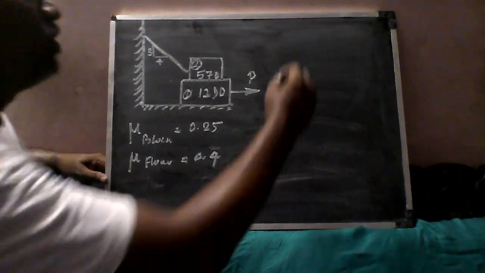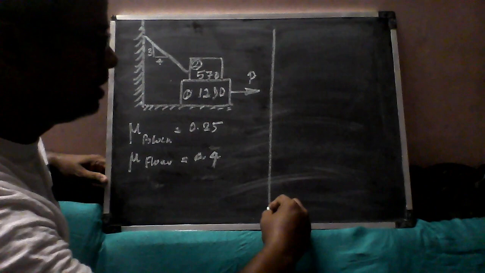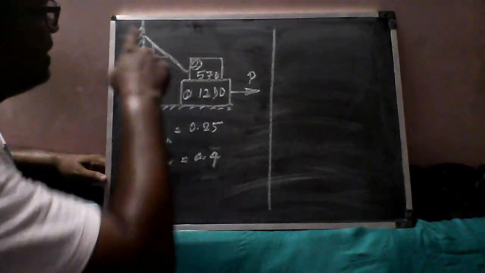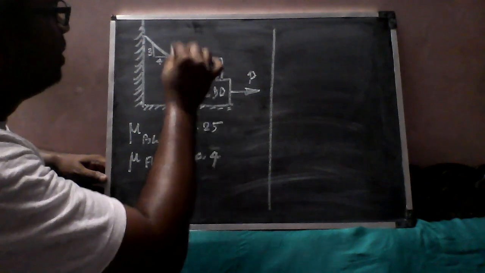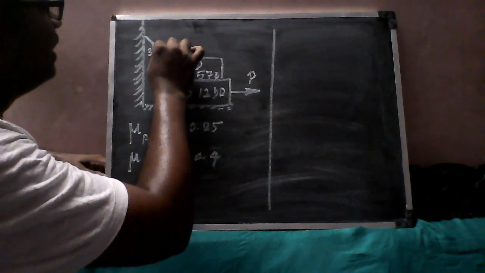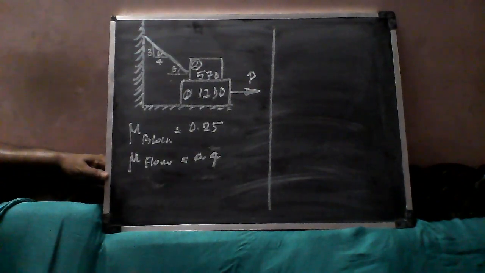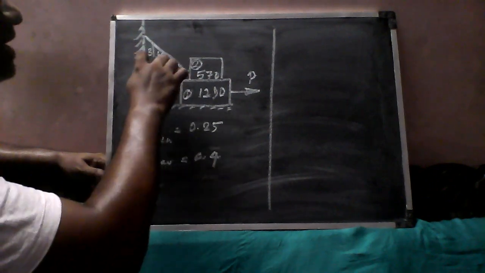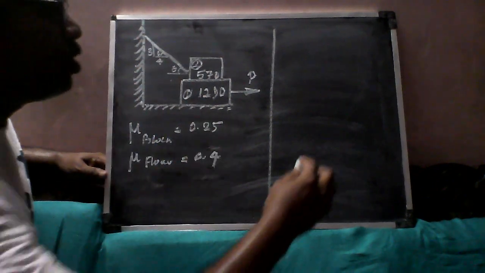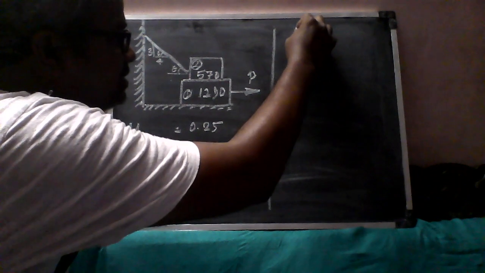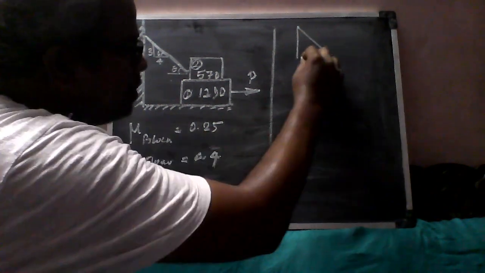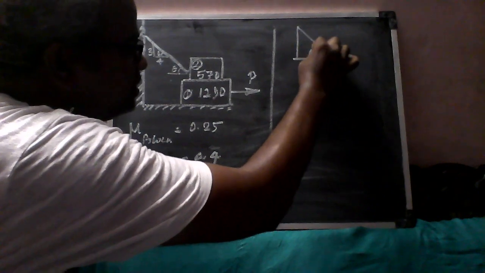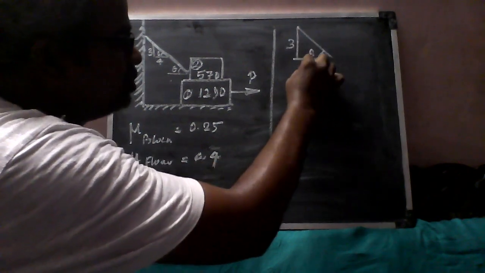First of all, you have to find out the angle. So what is this angle? Theta. It is equivalent to this theta. So this is something like a triangle. We have already seen in many problems. So that triangle, if you see this theta, this is 3 by 4.